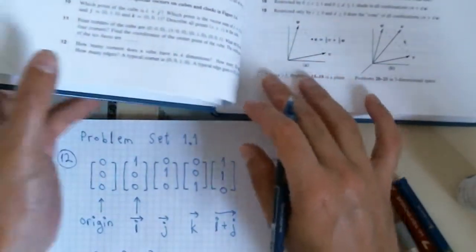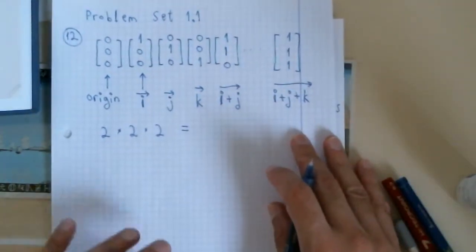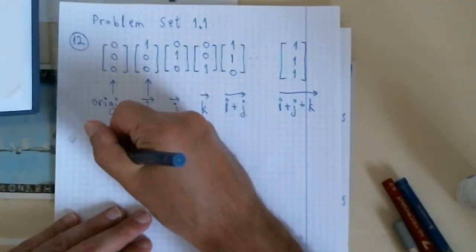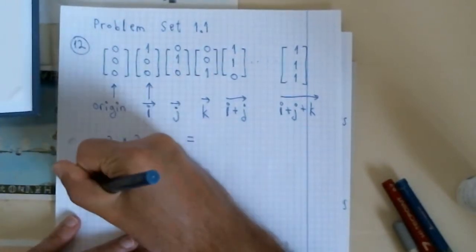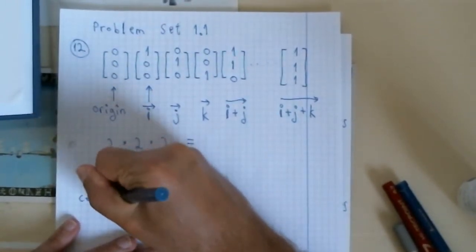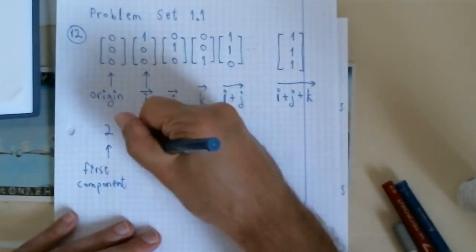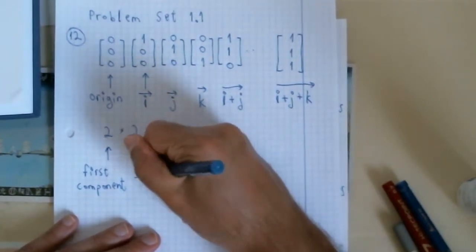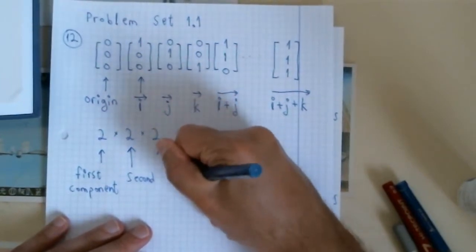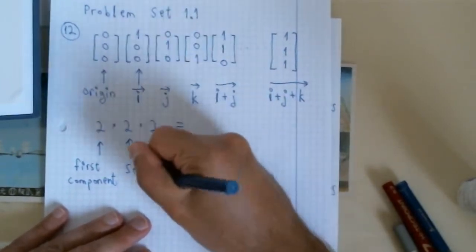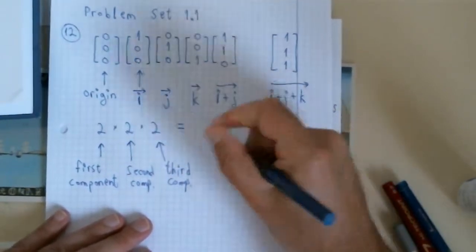I'm sorry you can't see what I'm writing. Okay, now you see. In the first component we have two options, in the second component two options, in the third component two options.